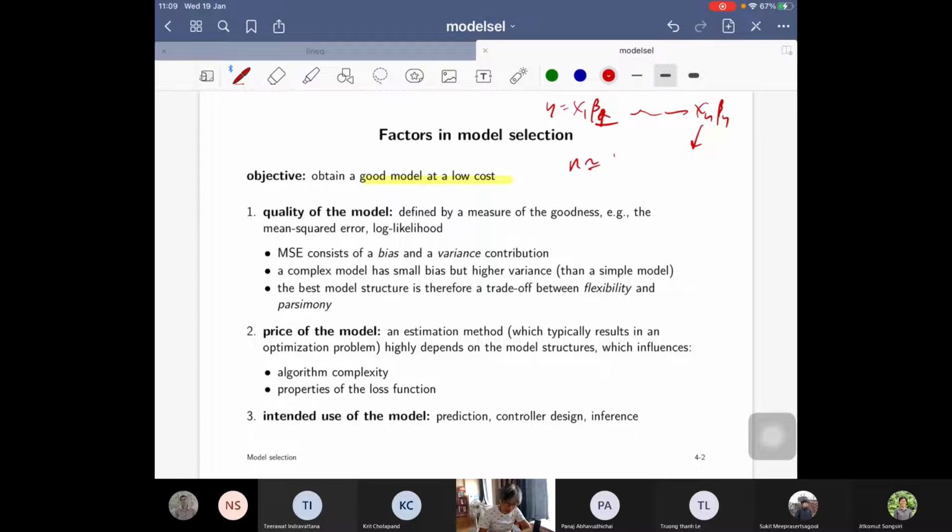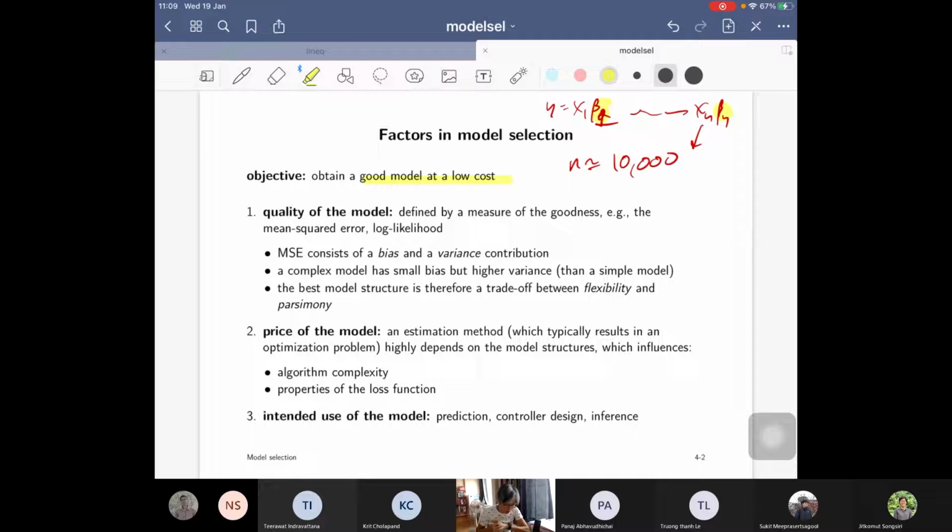Think about n being in the order of 1,000, 10,000, or sometimes 100,000. Having a big model, the implication is you need storage for the regression coefficients. So when n is huge, your model is more complex.